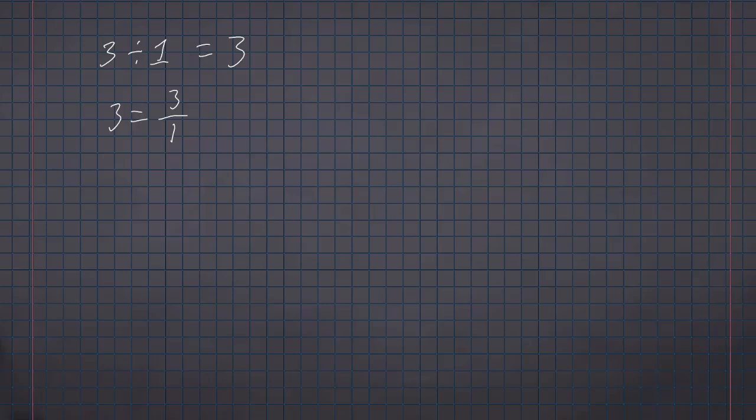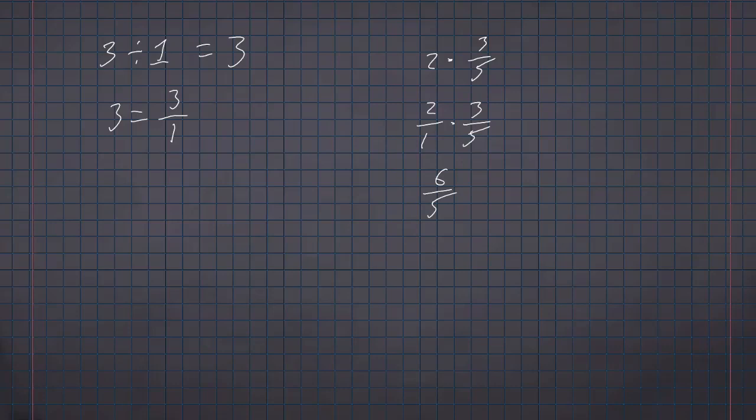And because of this property, anytime you have a whole number, you can write it as a fraction. So if you're trying to multiply 2 times 3/5, we write it as 2 over 1 times 3 over 5, and then multiply across as normal.